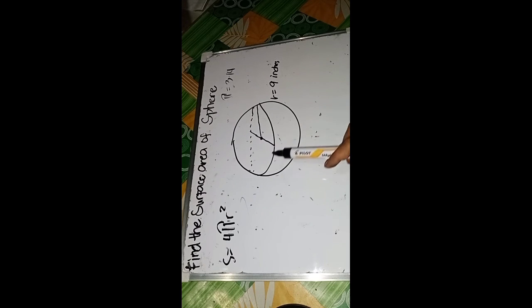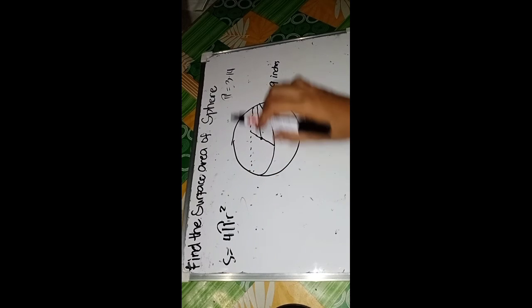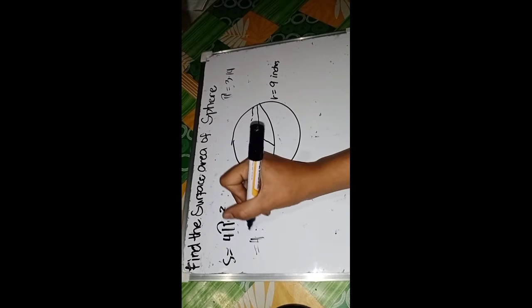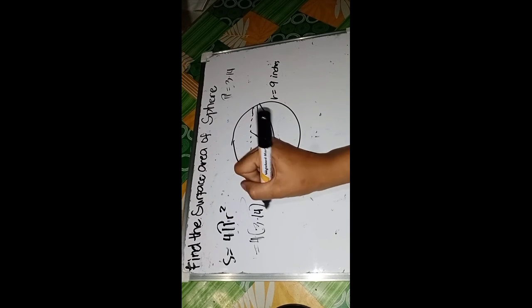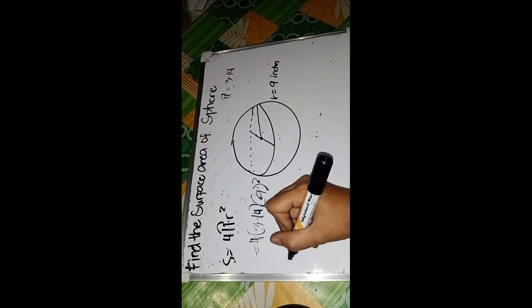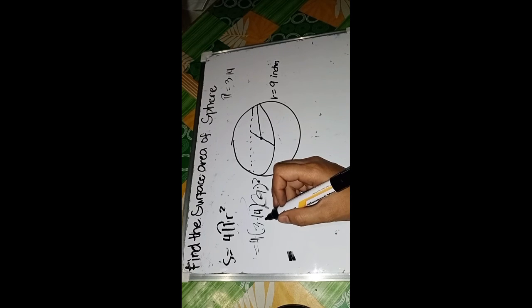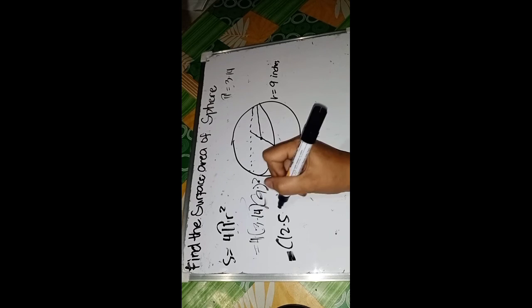Just like for example, our radius is 9 inches. So in our formula, pi has a value of 3.14. Okay, 4 times pi, that is 3.14, times our radius, 9 inches, squared. 4 times 3.14 is 12.56.